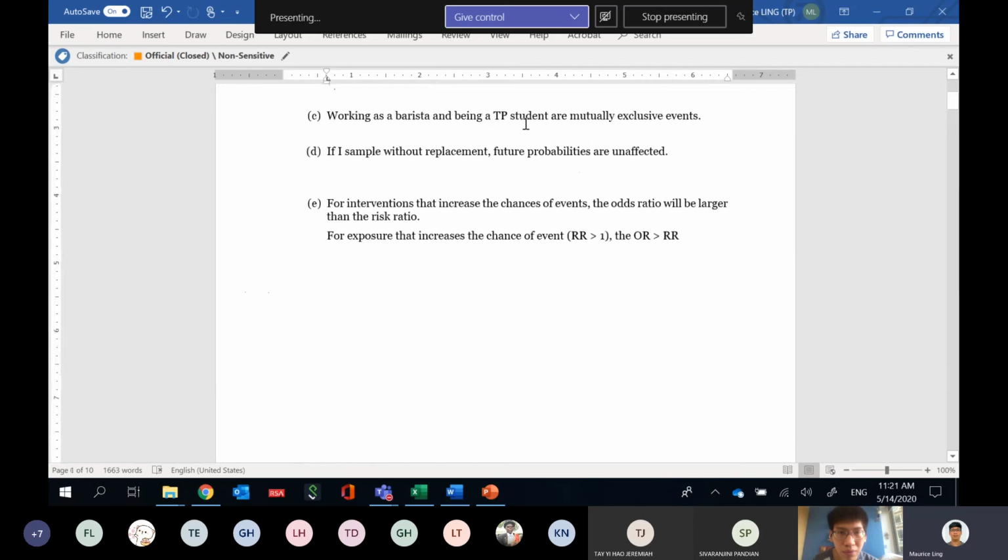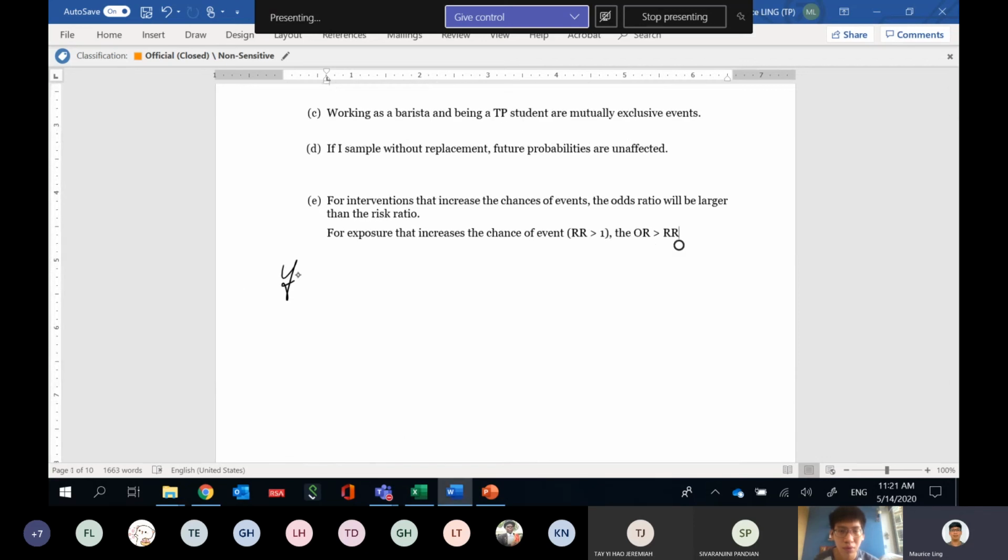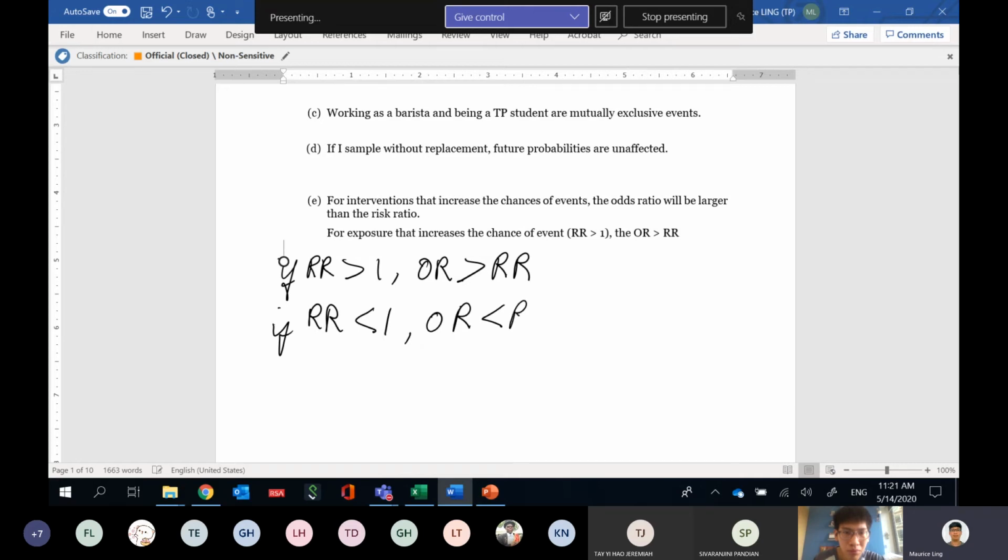If relative risk is more than 1, odds ratio will be more than relative risk. If relative risk is less than 1, odds ratio will be less than relative risk. So is this statement true or false? True. All right, this statement is true.